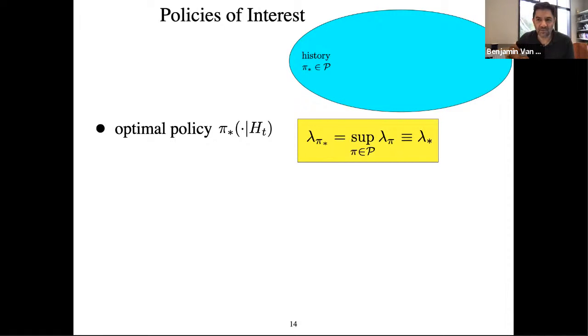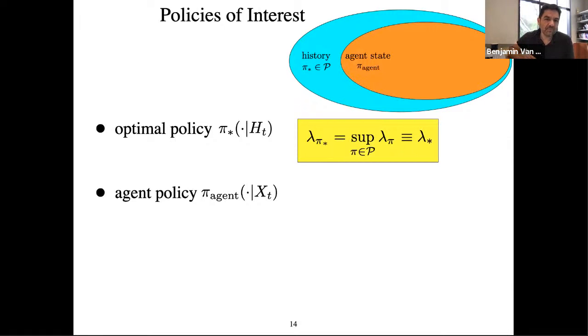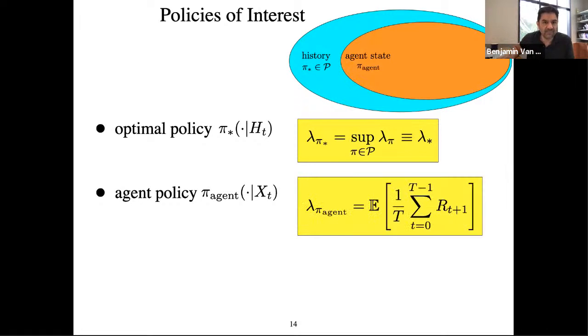So it's the average reward for the optimal policy. And then there's the agent policy. You can think of this as the agent's algorithm, right? The agent generates actions based on agent state. And the agent policy describes how those actions are generated, right? And that attains some level of average reward, right? We'll call that lambda pi agent, the average reward for the agent policy.